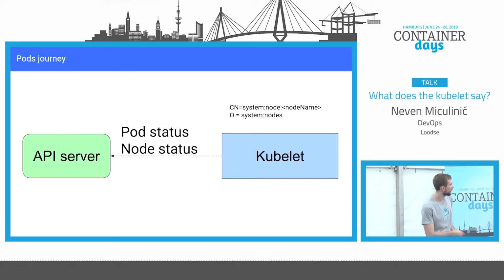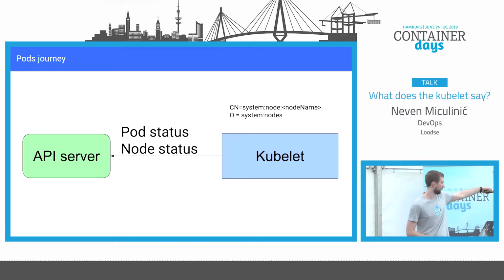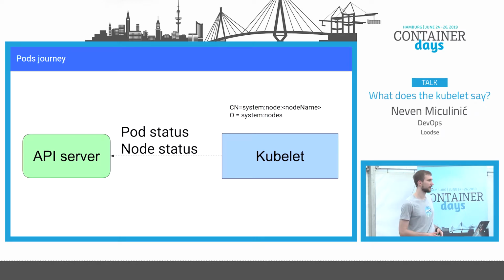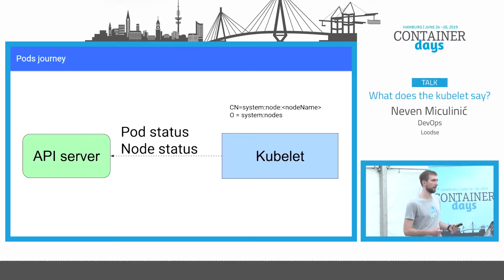So this is the communication between kubelet and API server. It uses the typical public key infrastructure, which all controllers use with the Kubernetes API server. The kubelet in particular has a common name system:node:name and organization system:nodes. And it periodically updates the API server with its pod status and its node status. There's also communication in the other direction.